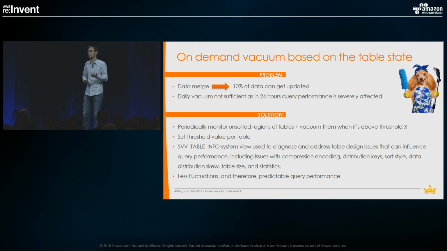So we actually wrote our own system here that makes use of the SVV table info system table Redshift provides. And we've set a threshold per table where, if the performance falls below this threshold, we do an on-demand vacuum. And this had a great effect. Performance was stable.